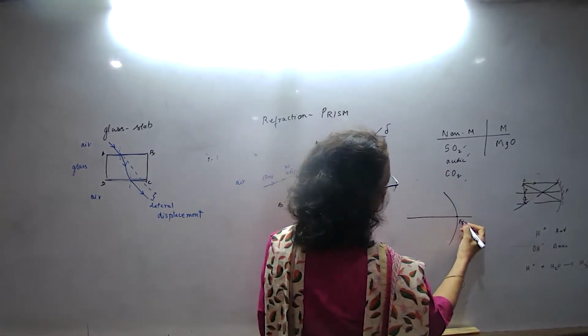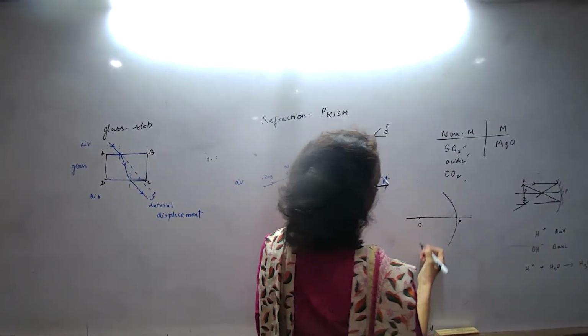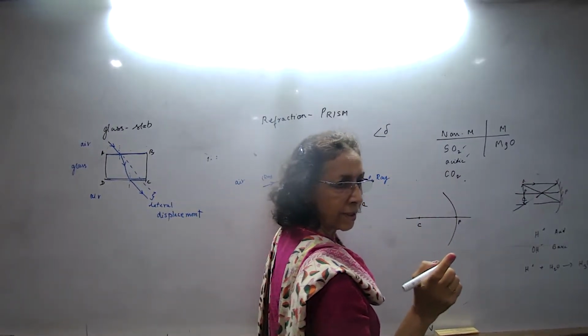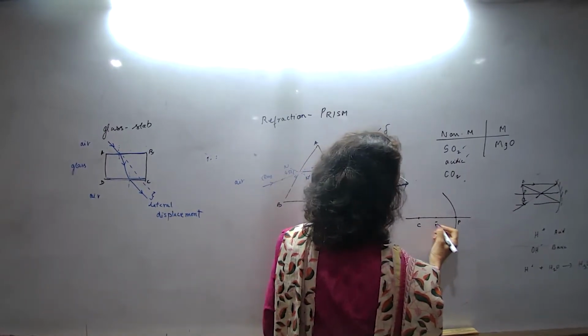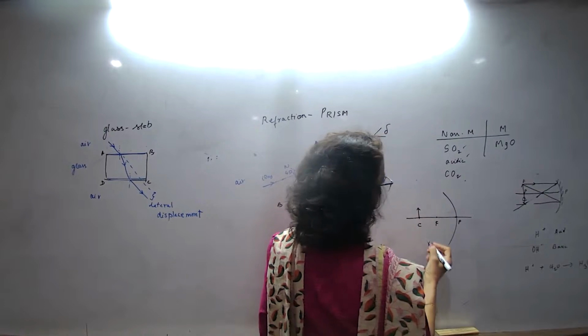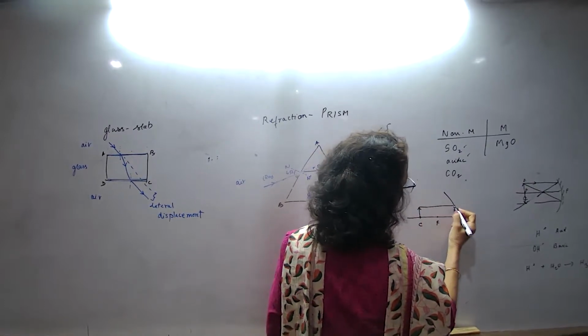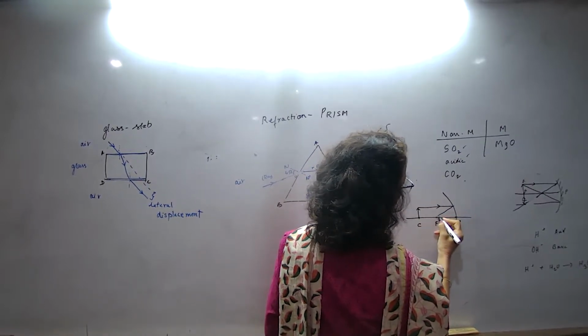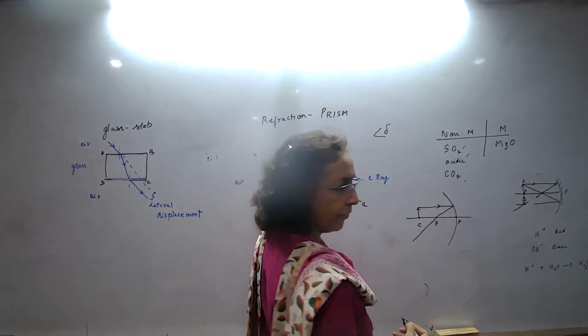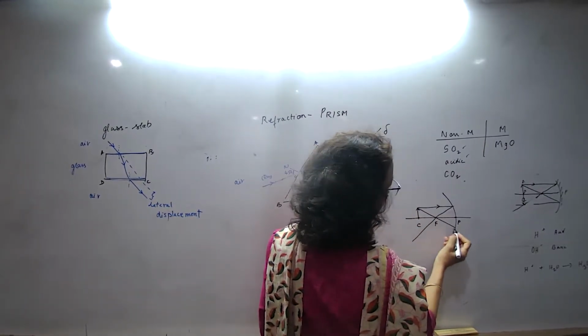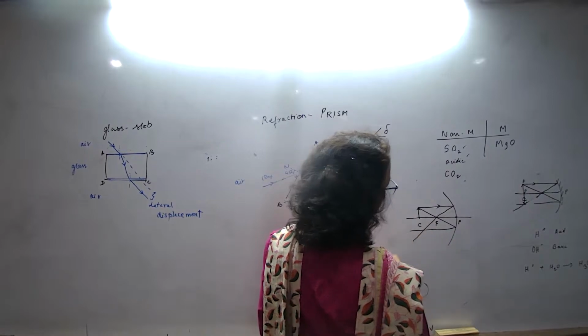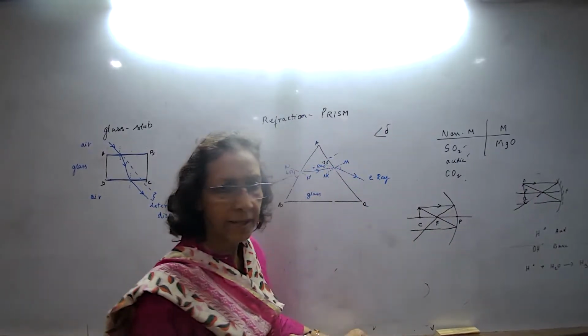This is your concave mirror. This is your pole. Suppose this is C. Where will F come? Exactly half of it. So I'm having your object here. This is an incident ray. After reflection, it's coming back through F. Second ray, passing through F, becomes parallel to the principal axis.